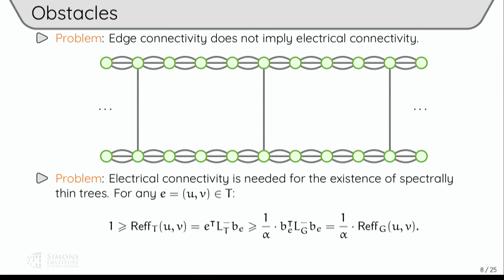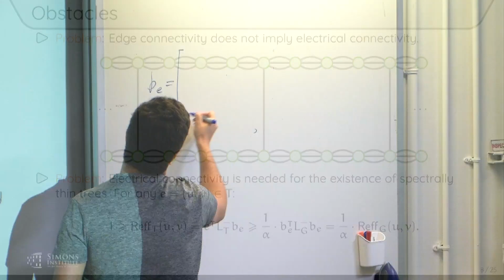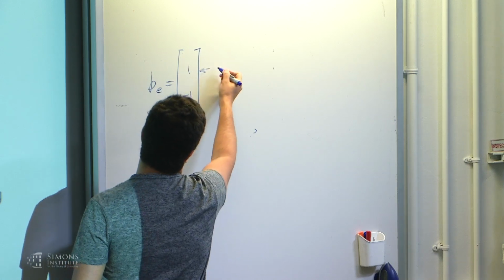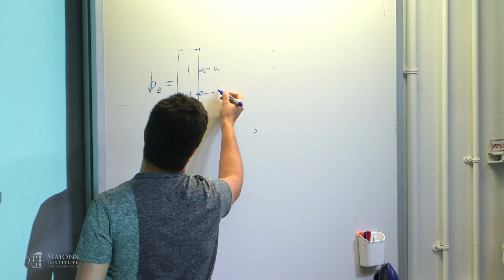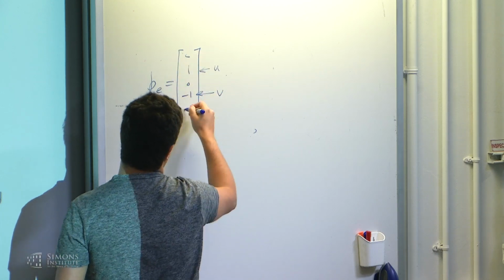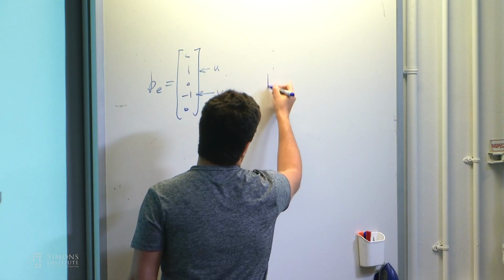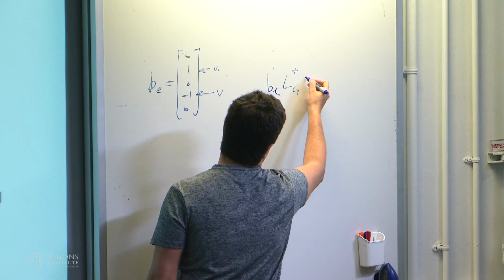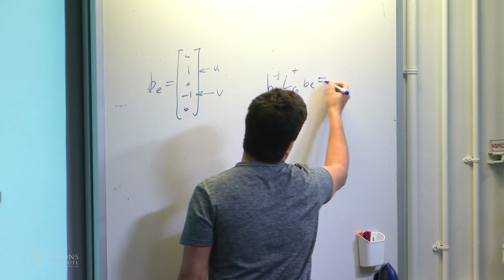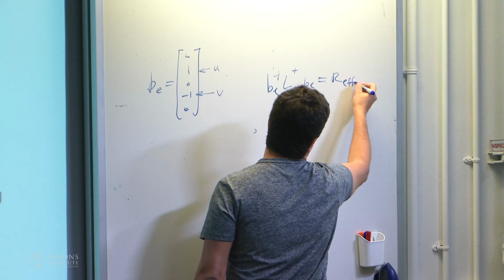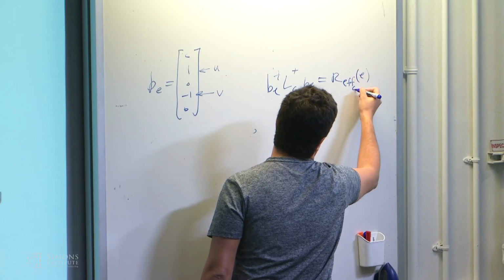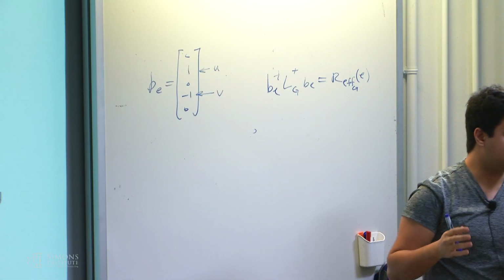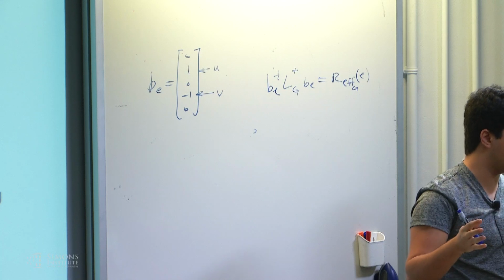For every edge e, you can form this n-dimensional vector b_e, which is 1 at one endpoint of the edge and -1 at the other endpoint. Now b_e transpose times the Laplacian pseudo-inverse times b_e gives you exactly the effective resistance of e with respect to G. So it is a quadratic form of the inverse of the Laplacian evaluated at some point.